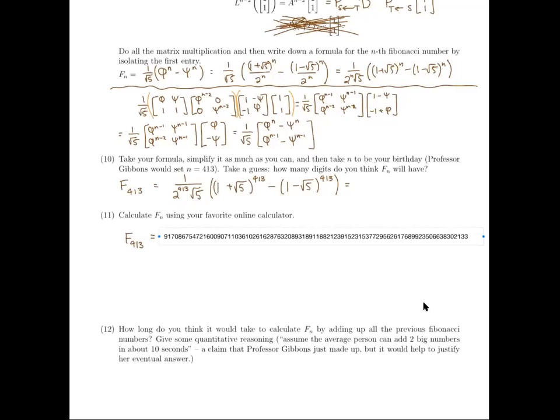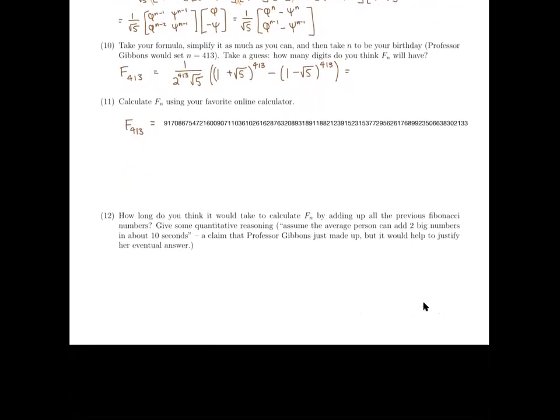Pretty big. If you like to think about this sort of thing, I've asked you how long you think it would take to calculate the nth Fibonacci number, in my case the 413th, by adding up all the previous numbers. I don't know. I think my brain craps out at about 10 to the 70 when I need to do addition here, but it's a fun little counting question.